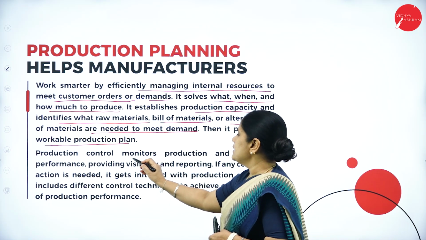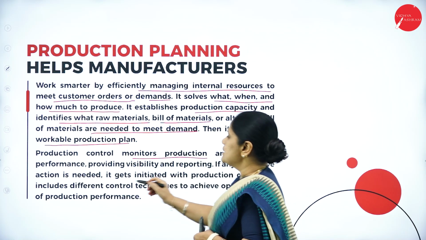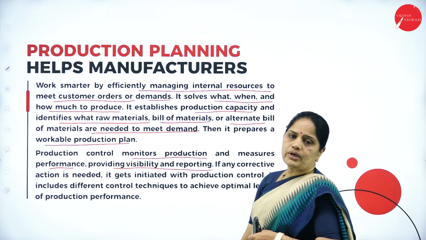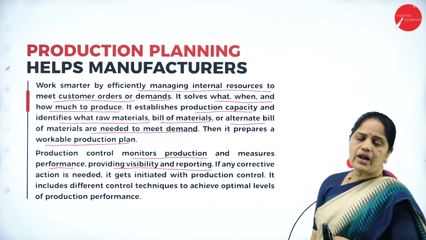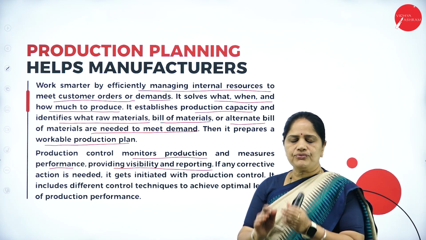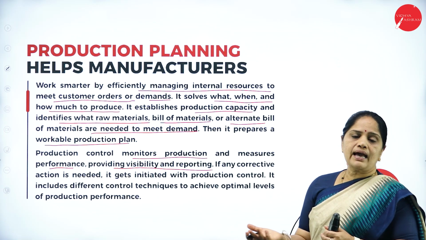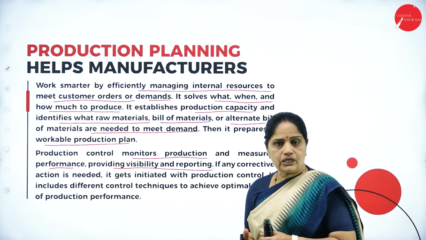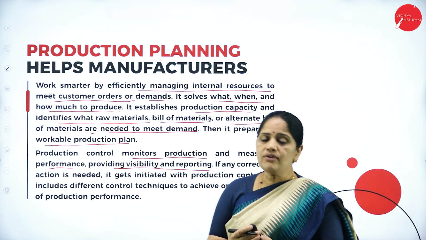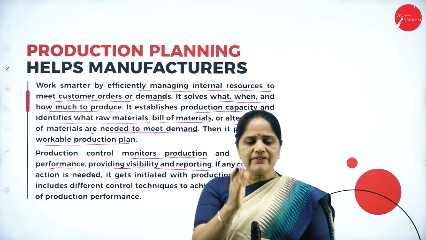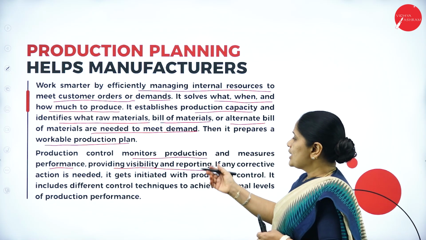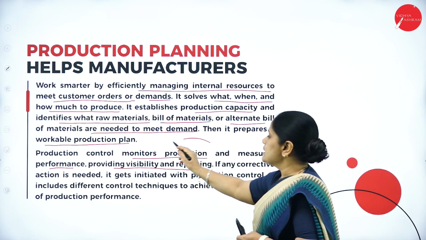It monitors production and measures performance, providing visibility and reporting. Only if we have planning can we have control. That is why we say that planning and controlling are the Siamese twins of management. Wherever there is planning, there has to be controlling. Now, production control monitors the production.